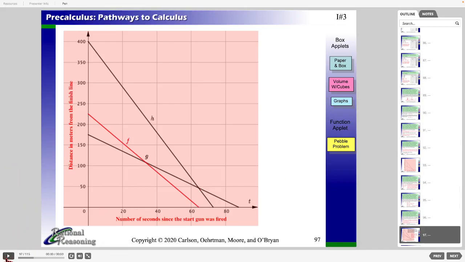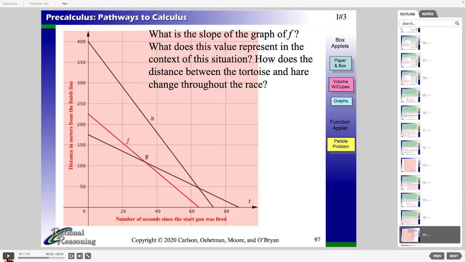Okay, let's keep moving. So what is the slope of the graph of f? The slope is the rate that the hare is closing in on the tortoise. And it's a combination of the two slopes. So notice the hare is going much faster, it's steeper. The tortoise is going slower, it's not as steep. And f is in between those two.